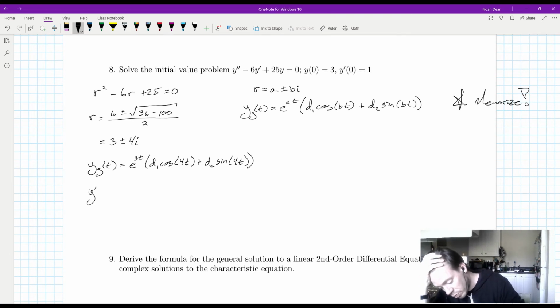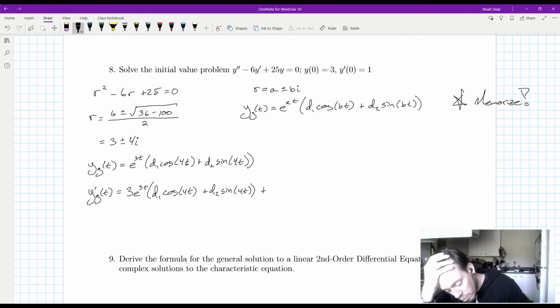All right, so I'm going to take the derivative of y, so I can plug in the initial condition y prime of 0 equals 1. When I take the derivative, I'll do the derivative of the first is 3e to the 3t times the second, d1 cosine of 4t plus d2 sine of 4t.